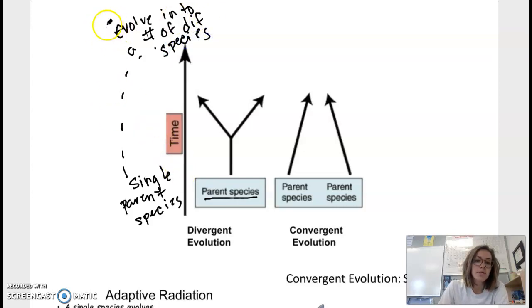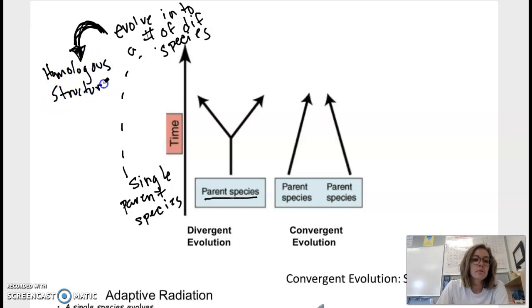And this ultimately gives us those homologous structures. So divergent evolution results in homologous structures over time. Give you some examples of those in just a second.